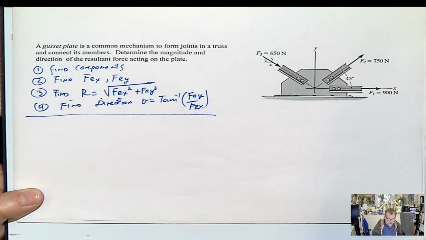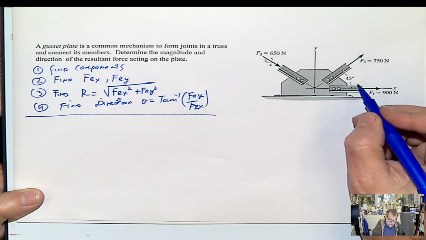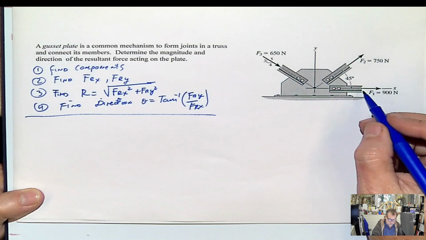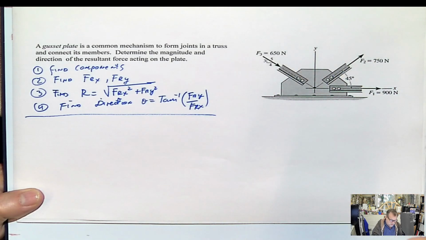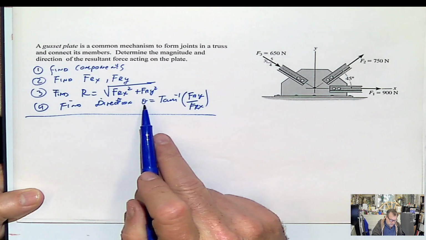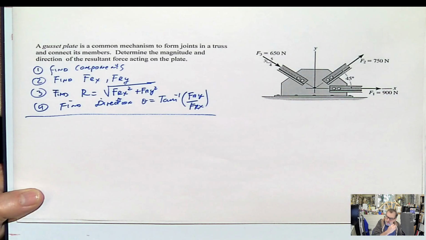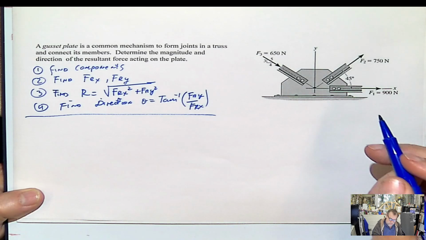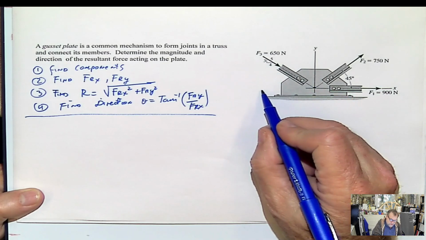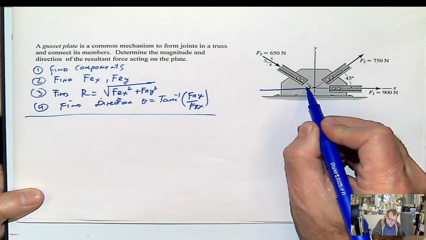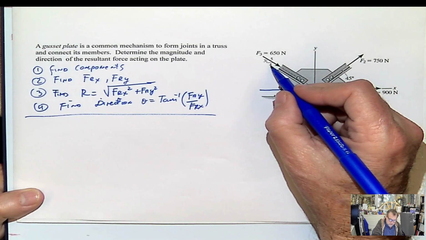So let's do it. For the X component, we have three different forces. By the way, we need two unknowns, right? We have two unknowns, R and theta, and we have two equations, forces in X and forces in Y. So that's what we are doing. Let's find the three forces in X. First, this one. You have that little triangle, remember?